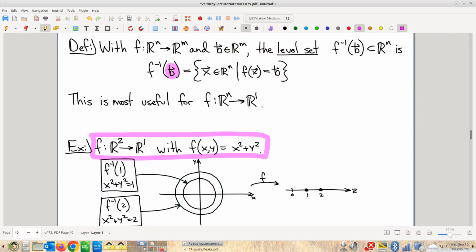For a given output, what we're going to do is look at all of the corresponding input points such that when I put them into the function, the value that I get out of the function is that pre-selected output point. So this is just a formal way of writing down: take an output and look at the corresponding inputs. Everybody okay with that?